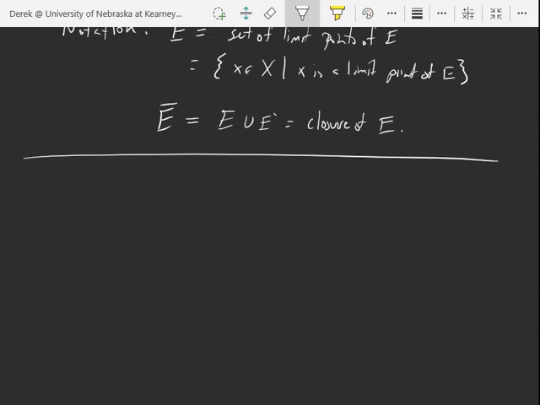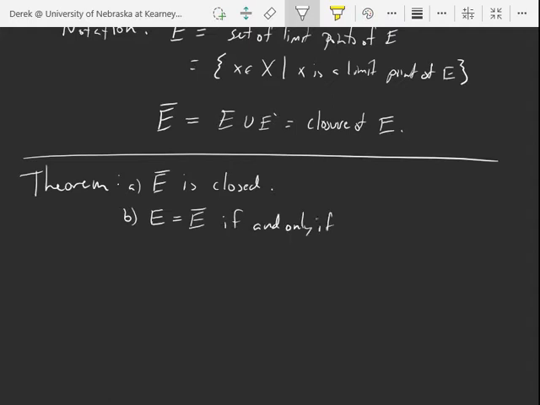That's this next theorem. It's theorem 2.27 in your text. It's got 3 parts to it. A: E closure is closed, which is good. If we're going to call it the closure of something, it should probably be closed. The second part, B: E is equal to its closure if and only if E is closed. So if I already contain all my limit points, adding limit points to me doesn't change anything, right?